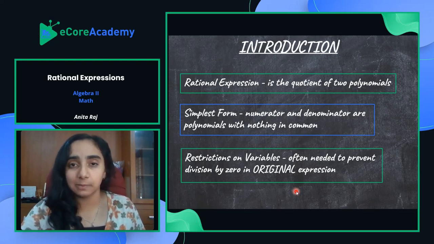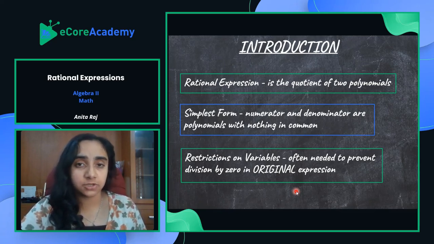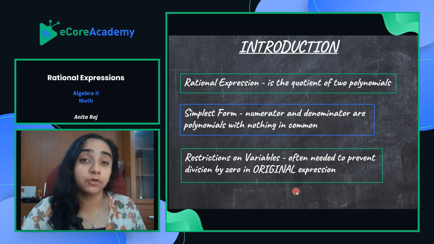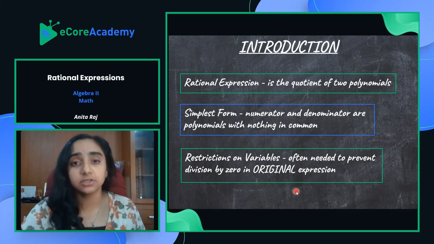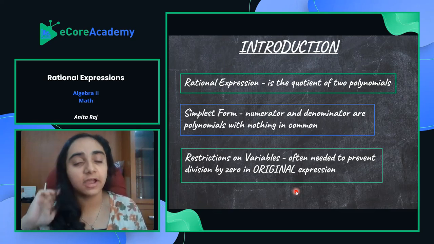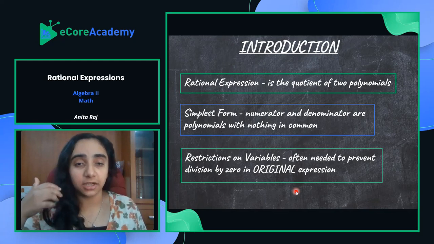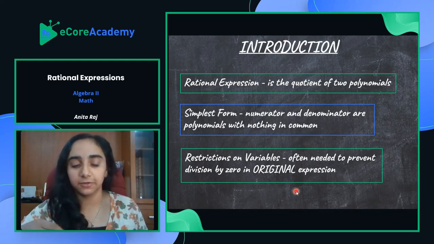You're going to run into the problem where you have a number in the numerator polynomial over 0. Because we don't want that number over 0, when we factor, we look at restrictions on variables, and we list them out so that if we return to the original expression, it still works in regards to the fact that we don't have numbers that cause zeros in the denominator.